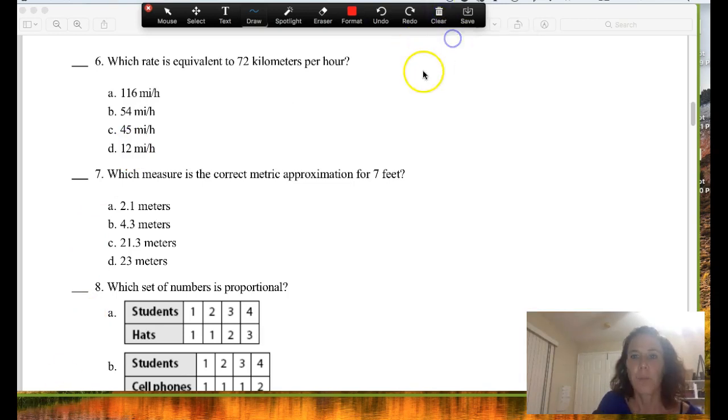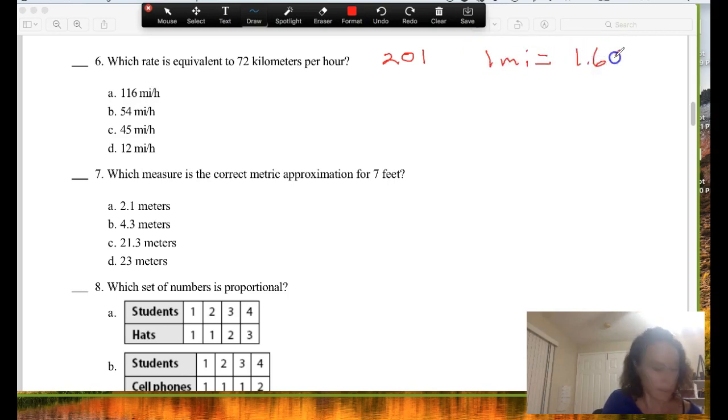Okay, so if you look in your book on page 201, there's a bunch of rates there that you can use. And you'll see 1 mile is equal to 1.609 kilometers. So a kilometer is, think of it like a little more than a mile, okay? 1 mile is 1.609 kilometers. So like a kilometer and a half is a mile.